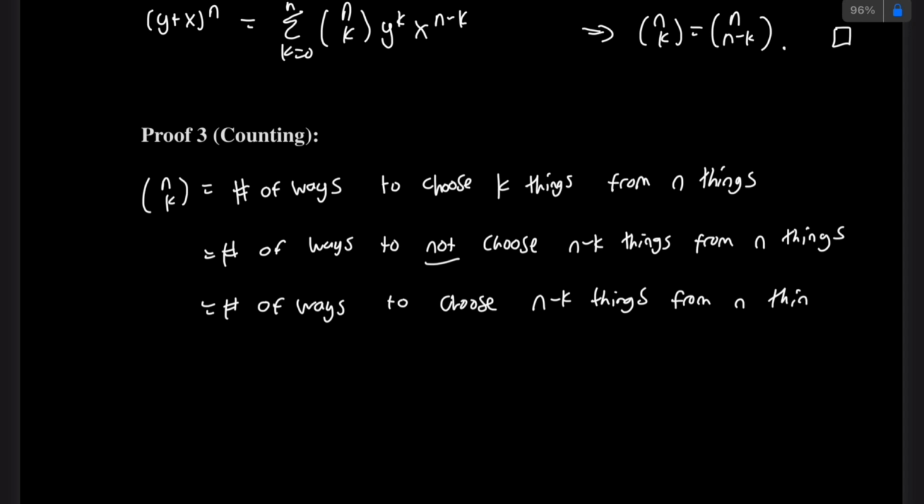The number of ways not to choose 2 out of 5 is still the same as the number of ways to choose 2 out of 5. So this is just n choose n minus k. And this is my favorite explanation for this property. When you're choosing k things from n things, you're implicitly not choosing n minus k things. So they're kind of the same thing.